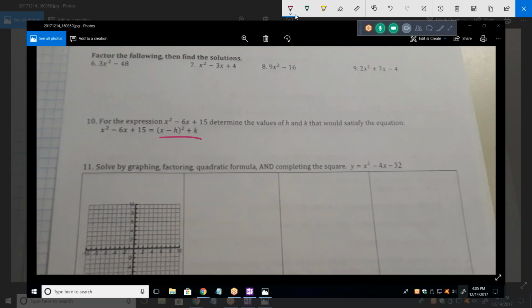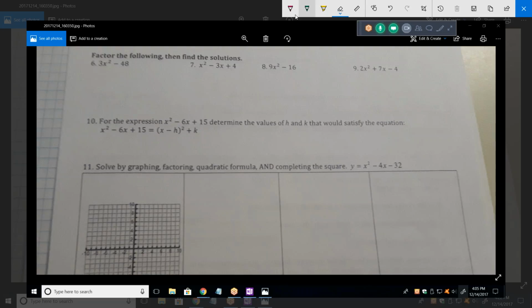If I gave you this and I said, tell me the vertex, where's the vertex? Forget the left side for the moment. It's at (h, k). Okay? So, that's vertex format.